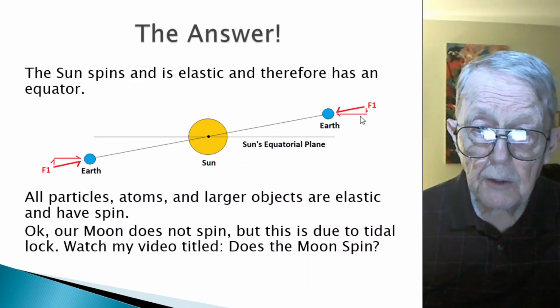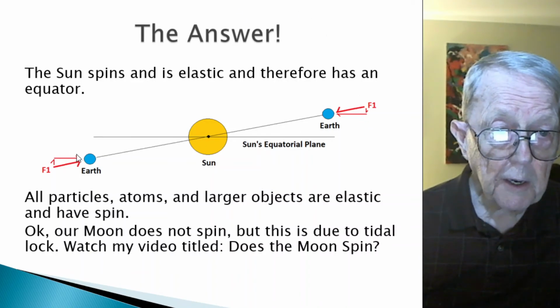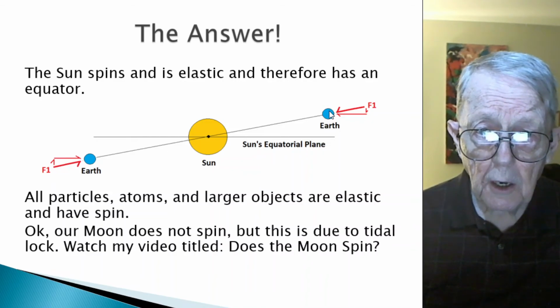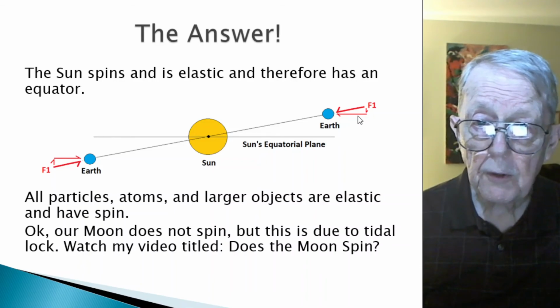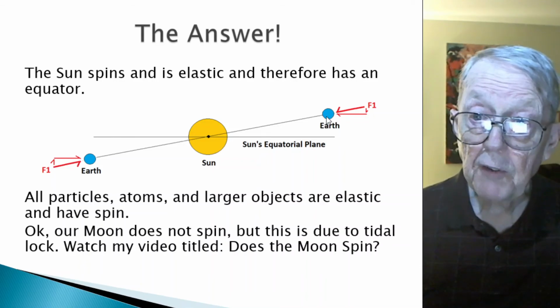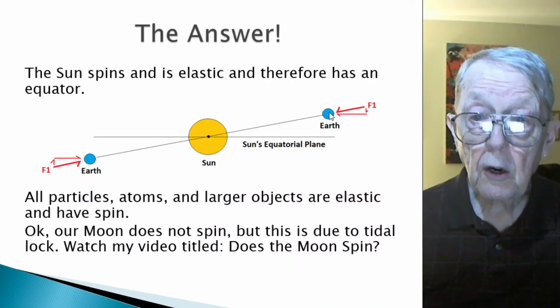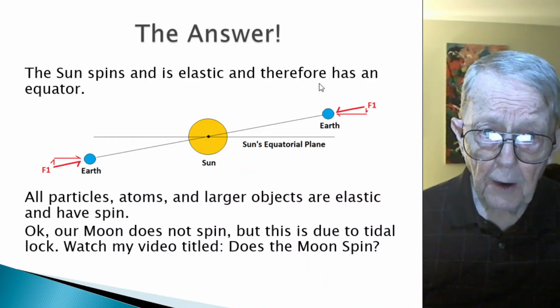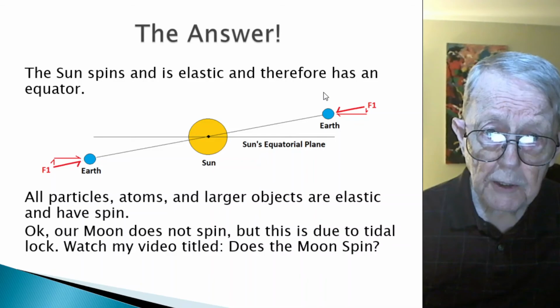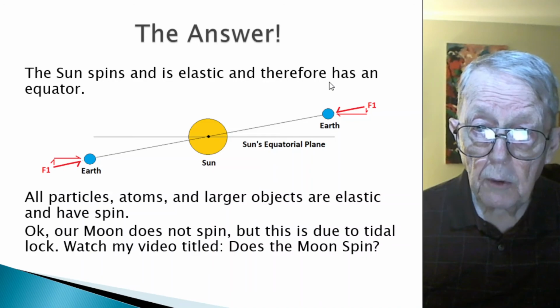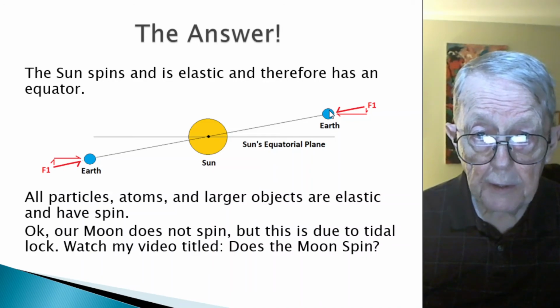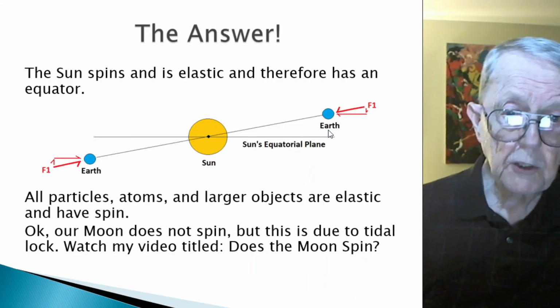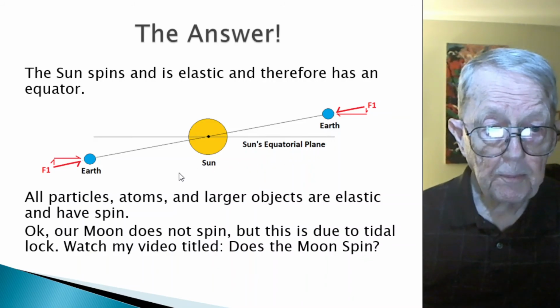Of course, the difficulty with this force, and I know that's a tiny arrow, is that the closer the Earth gets to the sun's equatorial plane, the smaller that force is. And it's like you're never going to get there. It's going to take a long time. Now, take one of the ones that are 10 degrees off from here, they're going to have a stronger force and they're going to move quicker, at least initially, but then it gets less and less and less. It's going to take a long time.